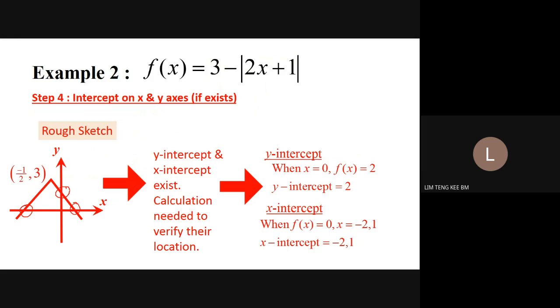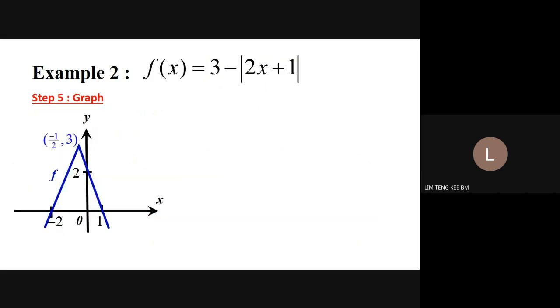So these are the two corresponding values I have for the x-intercept. From all this information from step 1 until step 4, I can come to the conclusion of my graph. It will be in this form here. It cuts the y-axis at 2, and cuts the x-axis at -2 and 1. And therefore, I have done my graph.